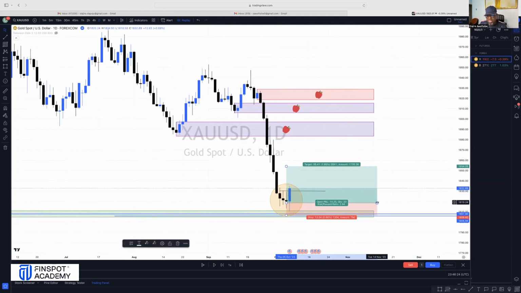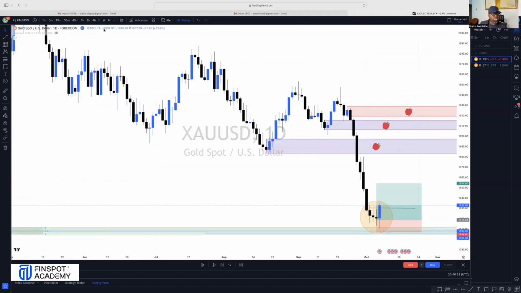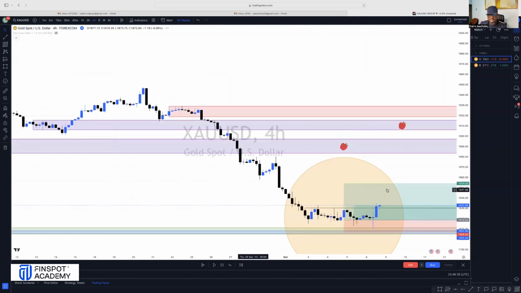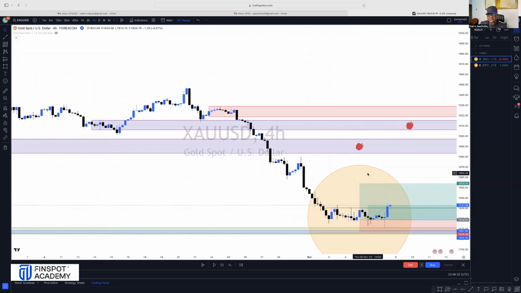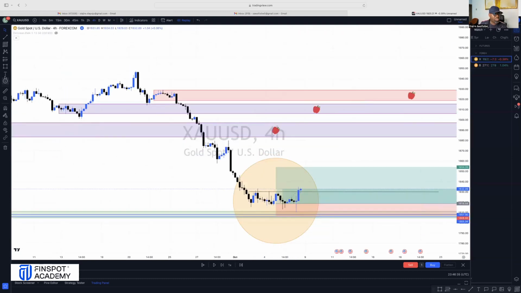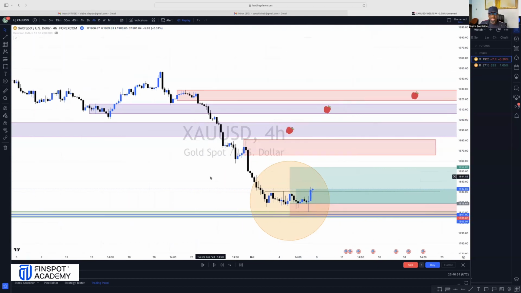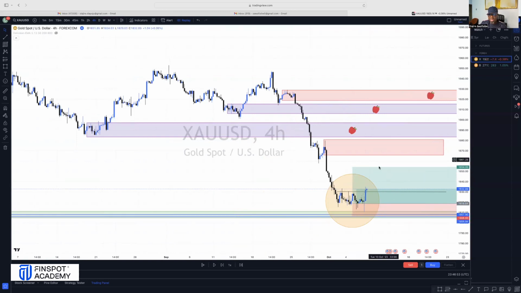The next thing I did was to go to the 4 hours. I didn't go past the 4 hours to see where the nearest bearish order block was. So I was going to see what price would do here. I took partial profit around here, partial profit here, partial profit here, and then let's see how the market actually played it out.